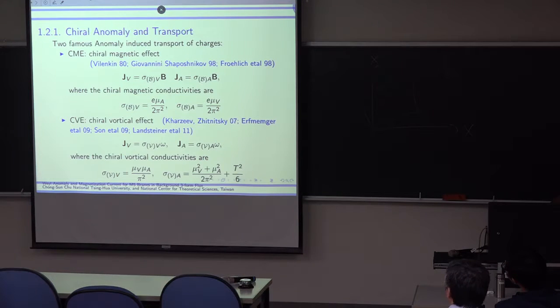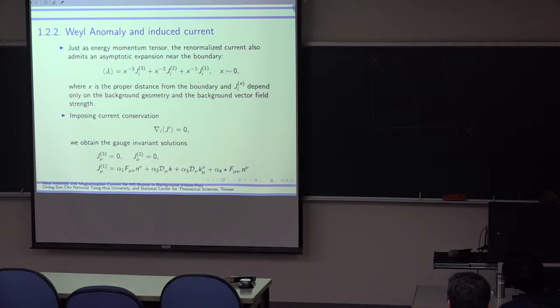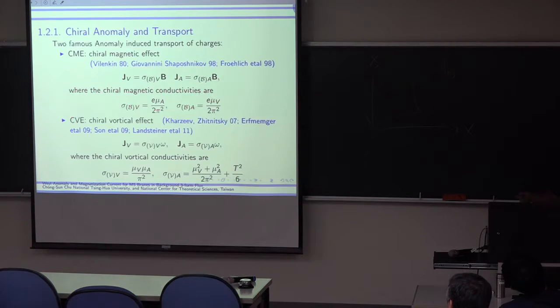If you have seen this, I think it's natural, retrospectively, to ask yourself: I have this induced current. The induced current happens in a material system because you can only have this if you have a chemical potential, and also only if you have an anomaly, in this case the chiral anomaly.